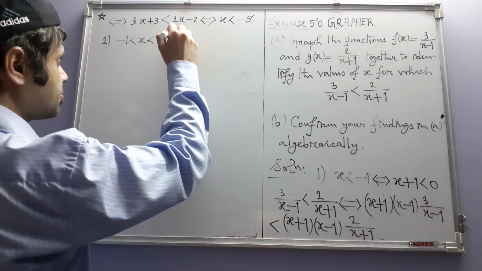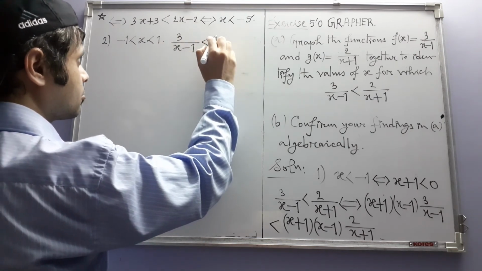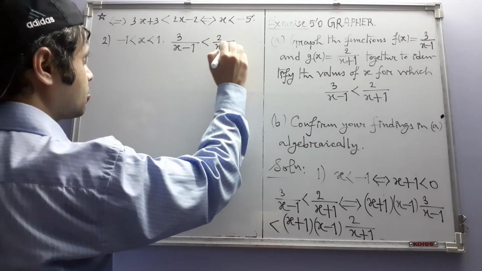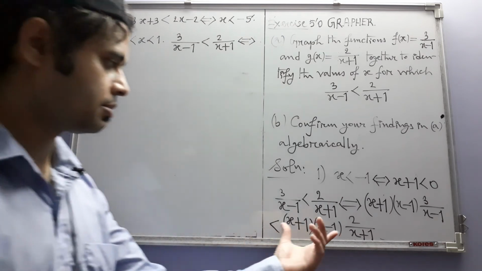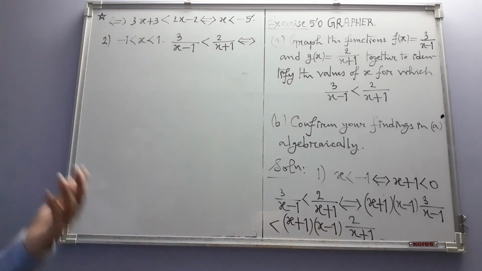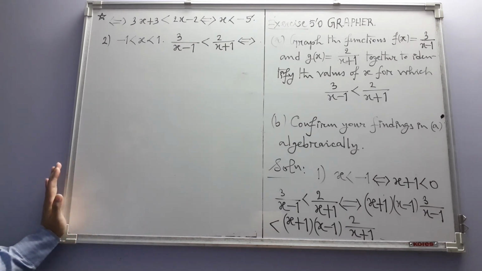In this case, if we multiply both sides by this product of the denominators, then that will be, okay, since x is less than 1, so x plus 1 is greater than 0 and x minus 1 is less than 0.